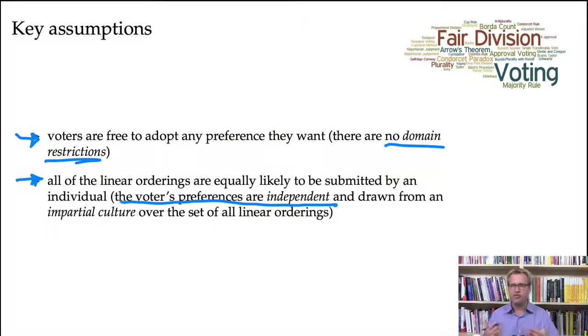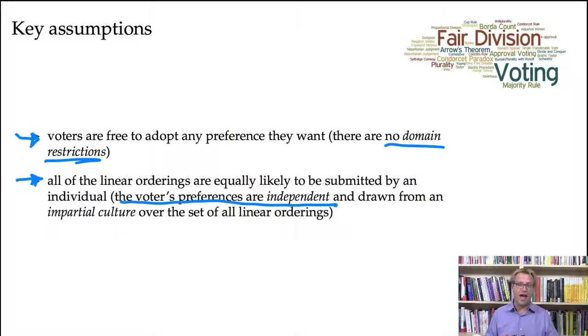And this might strike you as a very unrealistic assumption, because after all, we have family and friends and we chat about our opinions, and it's natural to assume that our preferences, or at least the rankings we adopt in a voting situation, will be correlated with our friends and family. So the probability will not necessarily be uniform over the entire population about which of the possible preferences will be selected.